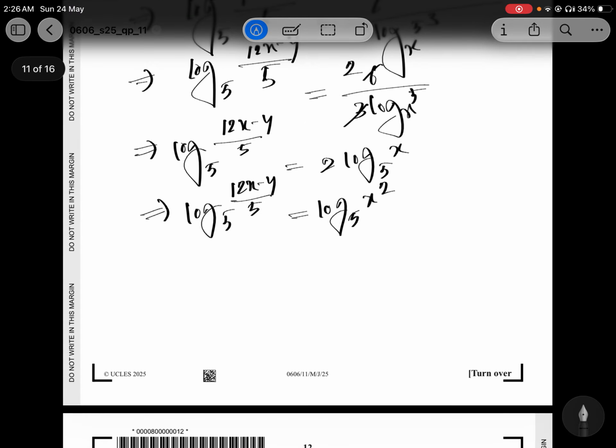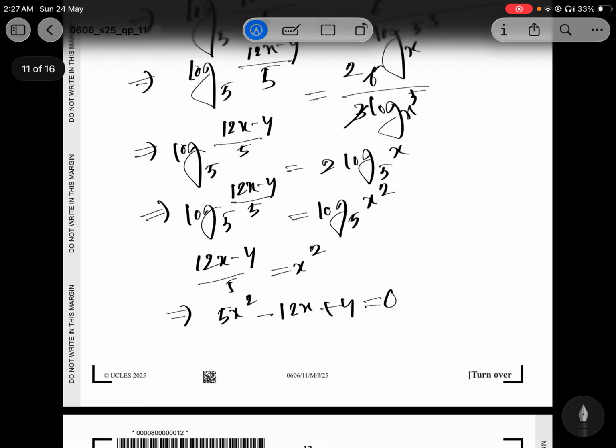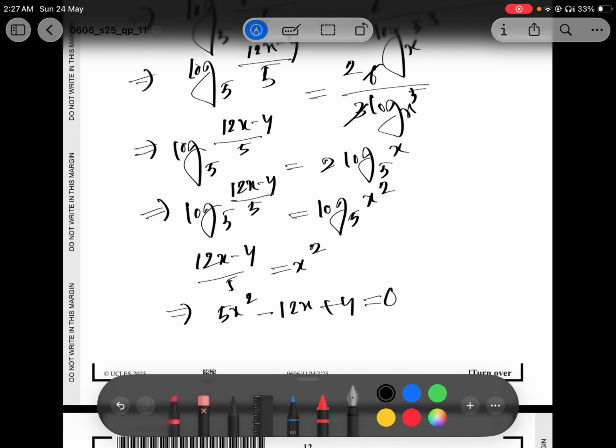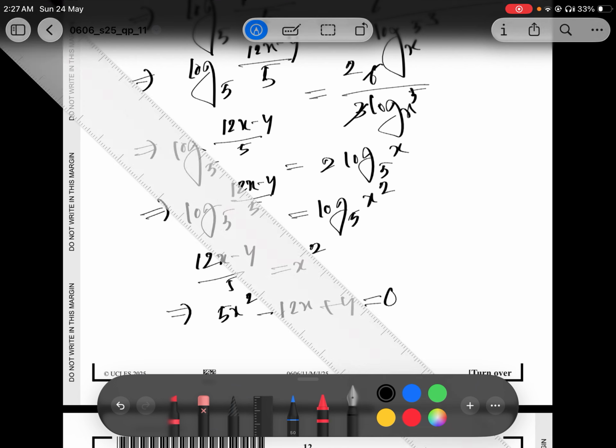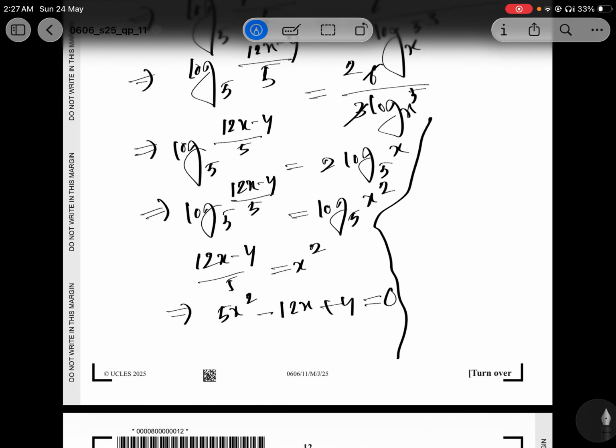So from both sides I can cut it down like 12x minus 4 over 5 is equal to x square. So 5x square minus 12x plus 4 is equal to 0. Okay, 5 times 4 is 20, 10 and 2.